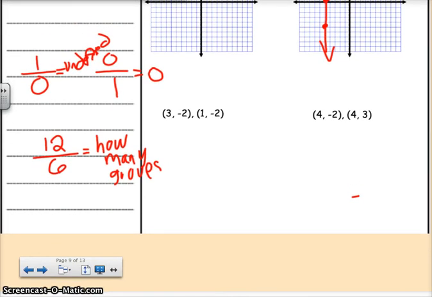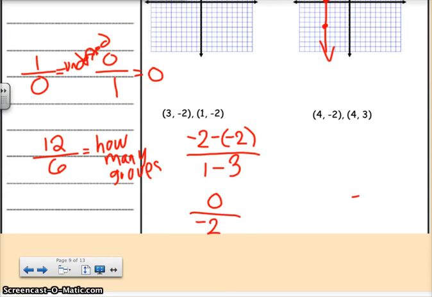Okay, so here we go. Let's apply this. Y's of 2 minus y's of 1 over x of 2 minus x of 1. Negative 2 minus a negative turns to 0 because it's negative 2 plus 2 over negative 2. I have a 0. The 0 is on top. That means it's a 0 slope.